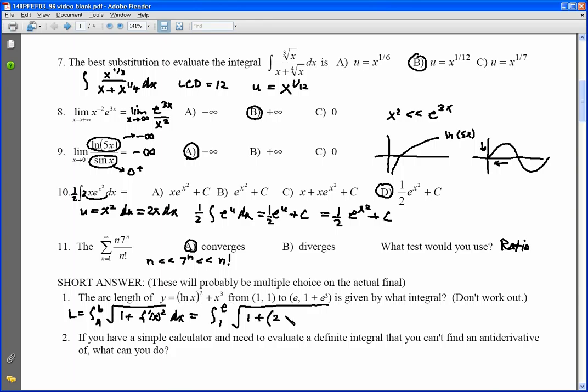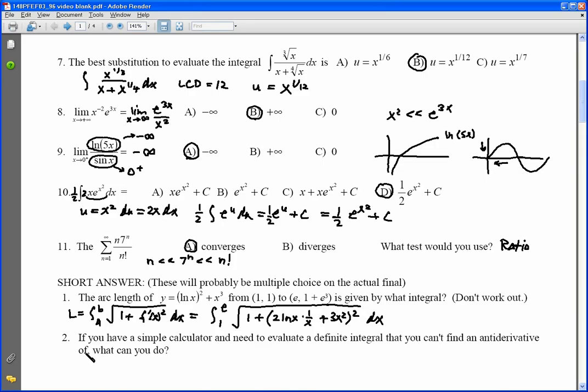So the 2 comes down times ln x, and then this is first power, which we don't have to write the 1, and then times the derivative of the inside function, which is 1 over x, and then plus the derivative of the second term, x cubed, which is 3x squared, and that whole thing gets squared, and then that's dx.